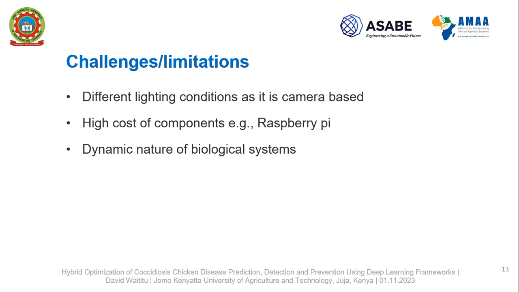They may have the symptoms and the droppings, but because of the movements, the inference can be tampered with by other chickens. So it's a very dynamic system. And yeah, with more study and improvement, it can be able to cope with the dynamics involved in this environment.